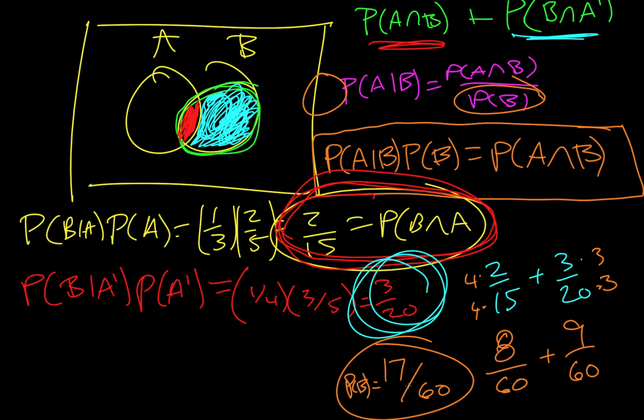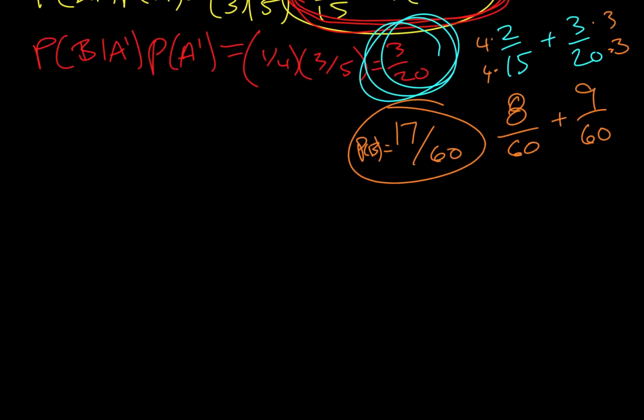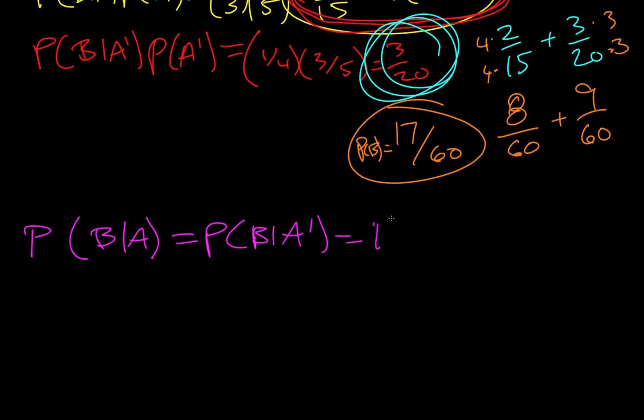Now the second part, it says, are A and B independent events? Justify your answer. Well, I have to explain this a little bit before we start it. So if P of B given A is equal to P of B given not A and equal to P of B, then we have independent events.